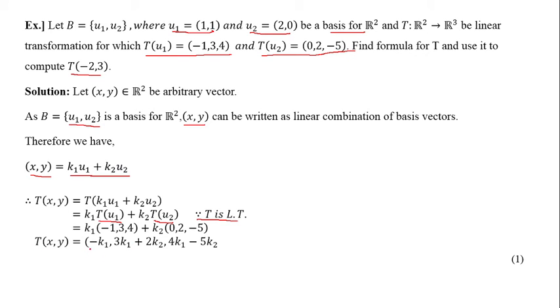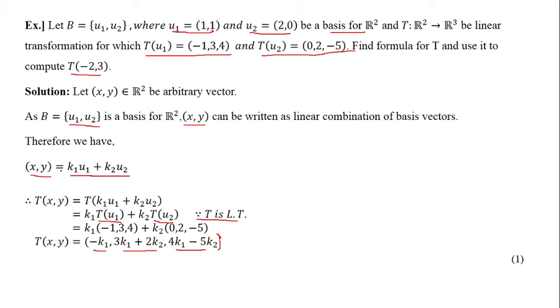You will get T of (x, y) is: first component minus k1 plus 0 times k2, so minus k1, middle component 3k1 plus 2k2, and the third component 4k1 minus 5k2. This is T of (x, y). Now we want k1, k2 in terms of x and y.